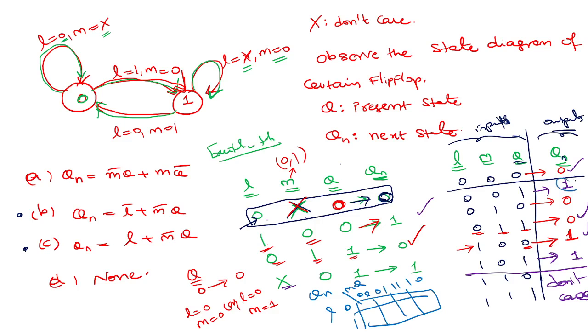So Qn will become 1 when LMQ is 0, 0, 1, then 1, 0, 0, then 1, 0, 1. What about the 1, 1, 0 and 1, 1, 1 combinations? Nothing is mentioned, so we can take them as don't care.